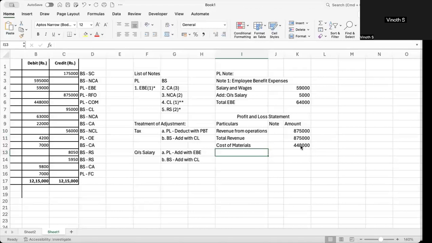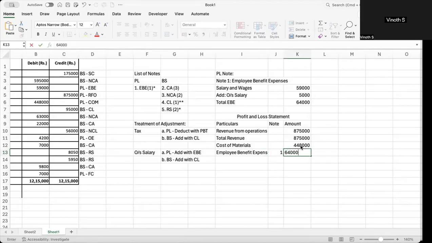The next is employee benefit expenses. The note number is 1. The amount is 64,000, which we just finished. After that, depreciation will come. In this question we don't have depreciation, so we can skip that.